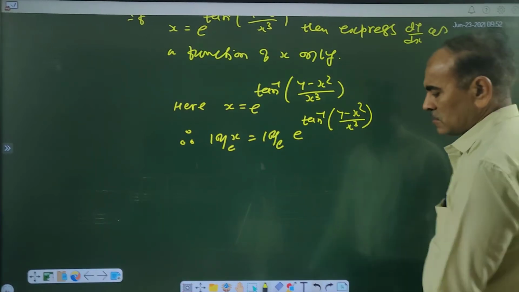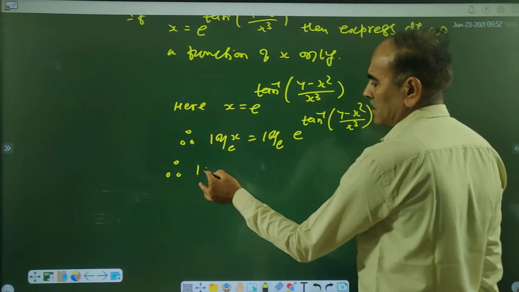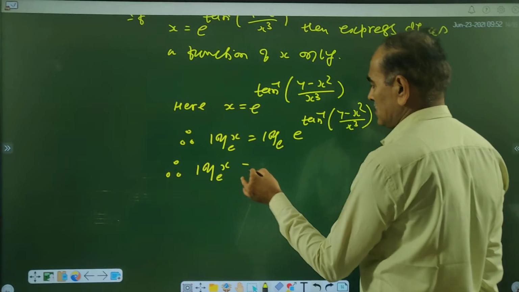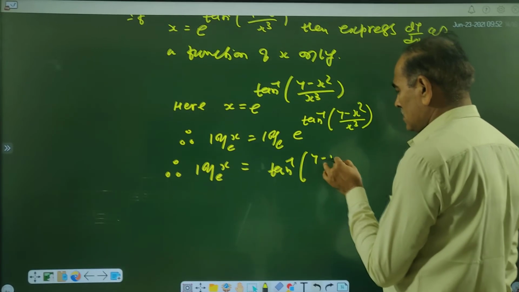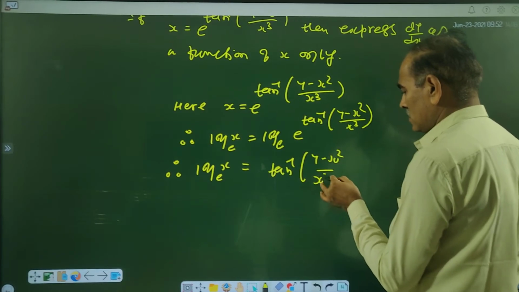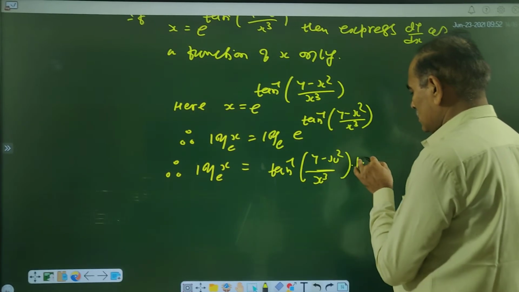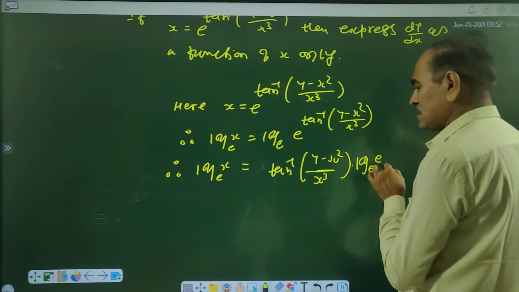So what we get? Log x is equal to tan inverse y minus x square over x cube into log e, and log e is 1.